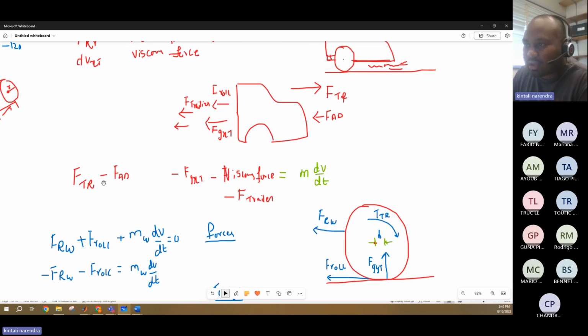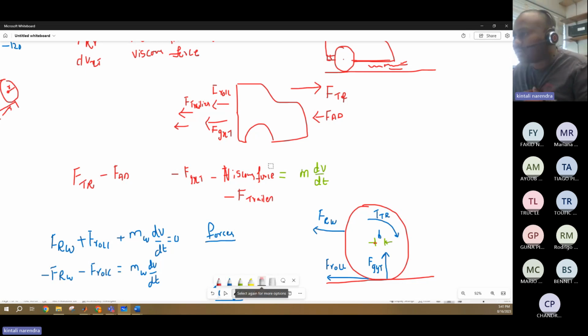If you consider TTR, then you shouldn't be considering FTR, because there is only one, either torque or force on the chassis. So let's rewrite this equation now.